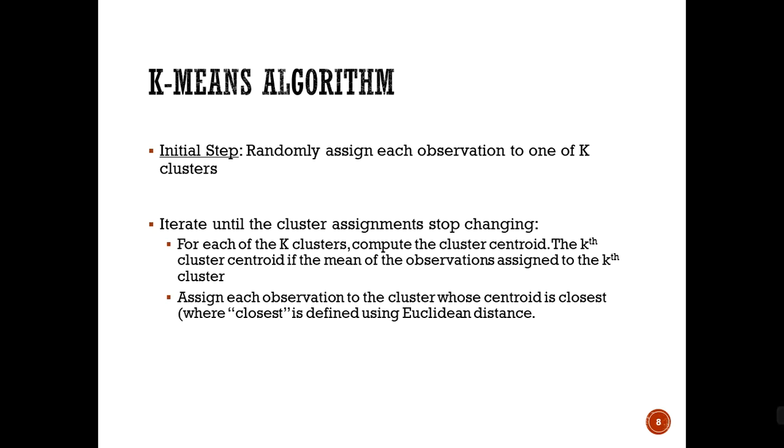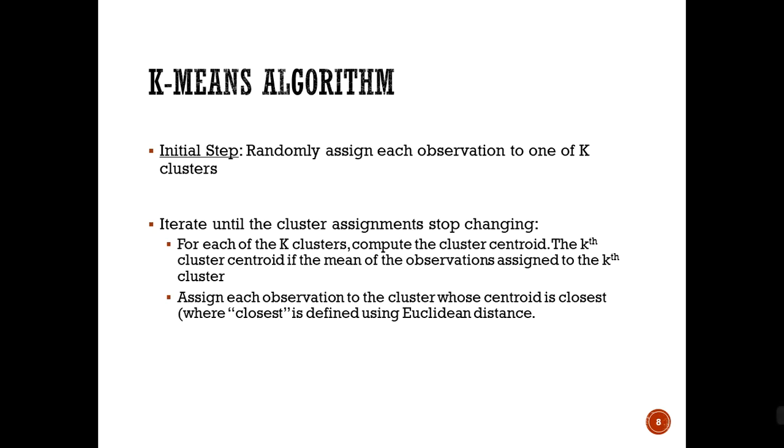It is actually an alternating algorithm. First of all, we assign to each observation a cluster from 1 to k. Here, this is the k. K is fixed. We have to decide ahead of time. I'm going to pick k equal to 2, 3, 4, or whatever number.